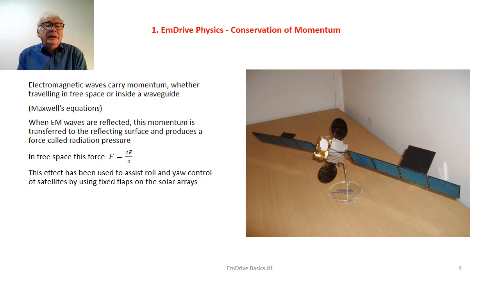such that when they are reflected, this momentum is transferred to the reflecting surface and produces a force which is classically called radiation pressure. A bit confusing because, in fact, if you look at the equation for radiation pressure, you will see that it is a force in newtons, F in newtons, which equals twice the power in watts divided by the velocity of light, c, in meters per second.